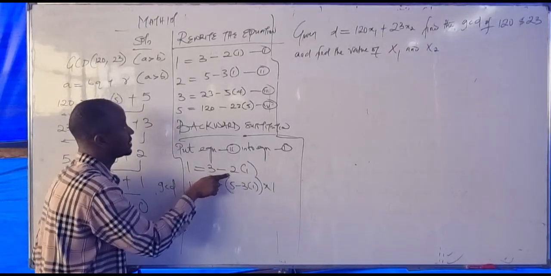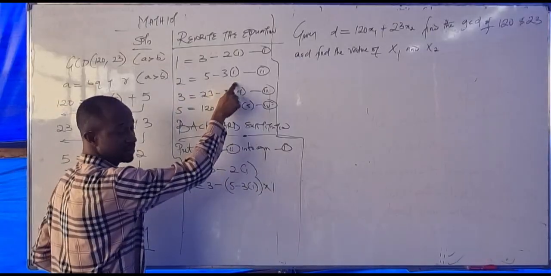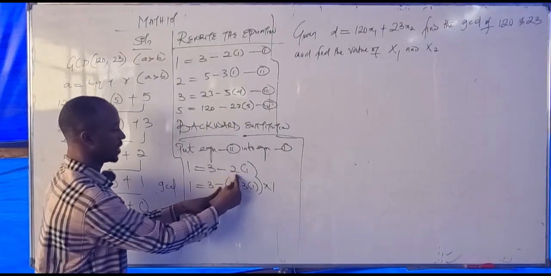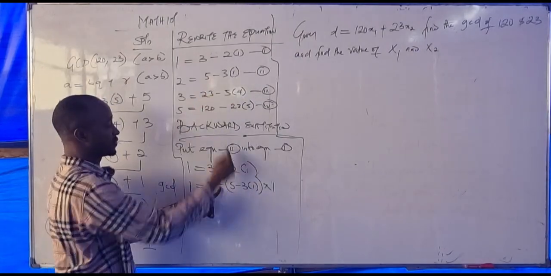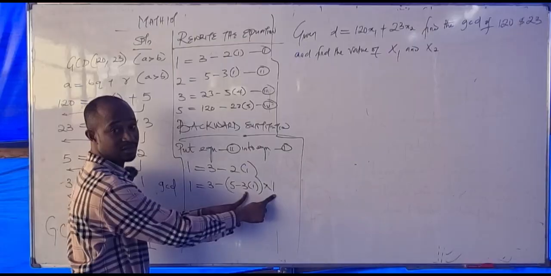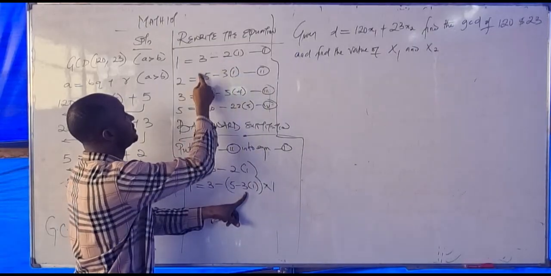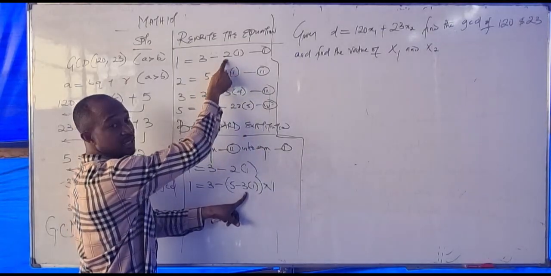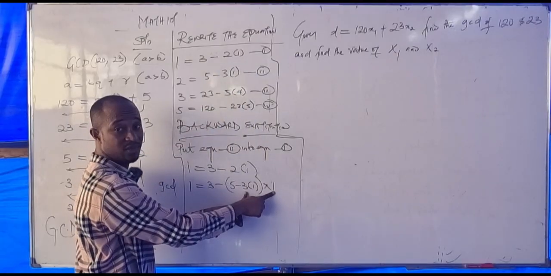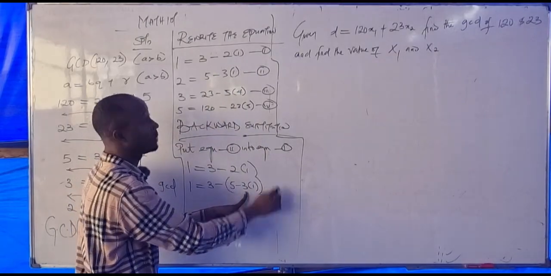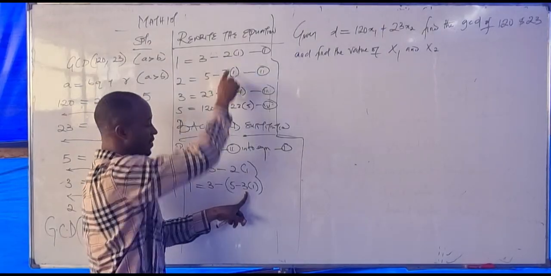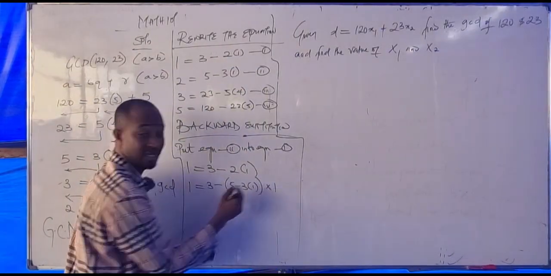What is equation 2? 2 equals to this, which is 5 minus 3 times 1. Here we have 1 already. I only substituted the whole of this into this, so we still have 1 here. Don't throw away this one. Sometimes we can have 2 here, we can have 4, we can have 5. But here we have times 1. Is that clear now?